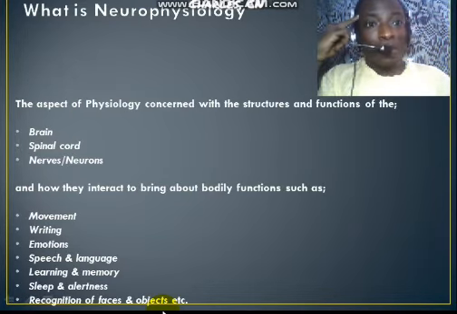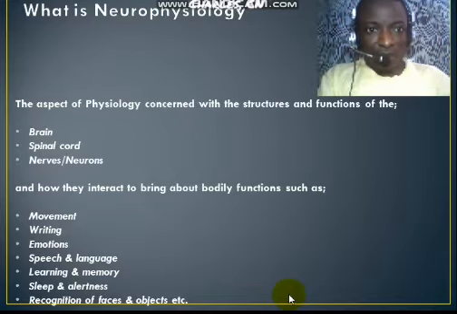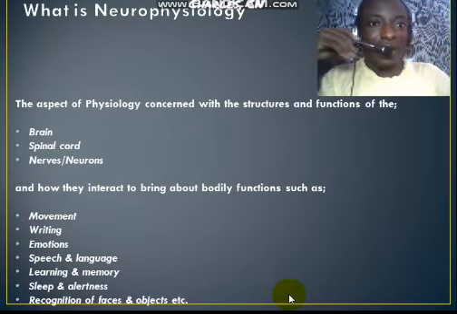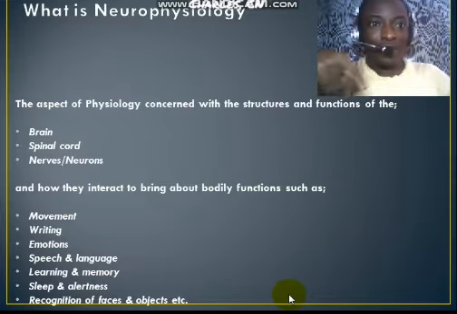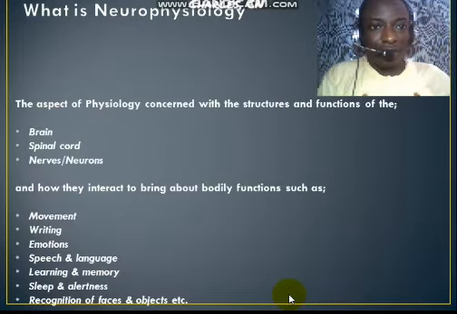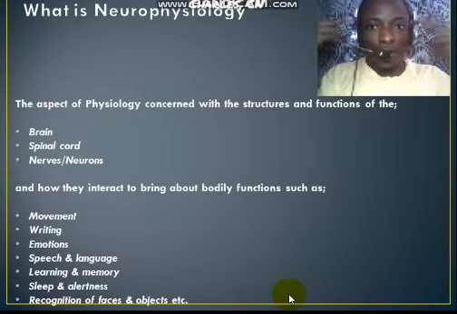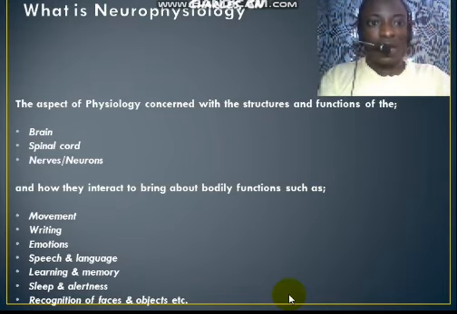You are able to recognize when a person is happy or when a person is sad through the face, recognition of faces. You're able to recognize that this is a pen. You're able to recognize that this is a mic. You're able to recognize that I'm putting on a yellow t-shirt. These things are regulated and controlled by structures in the human brain.